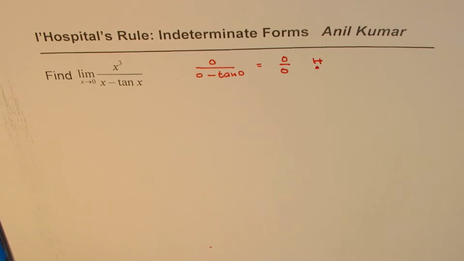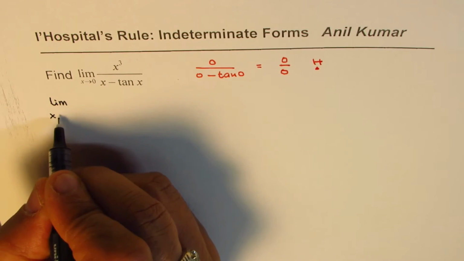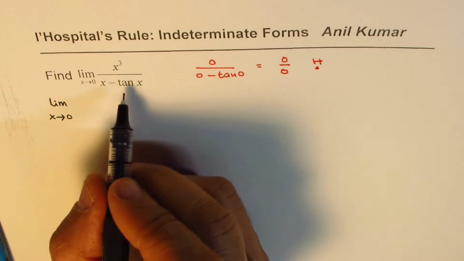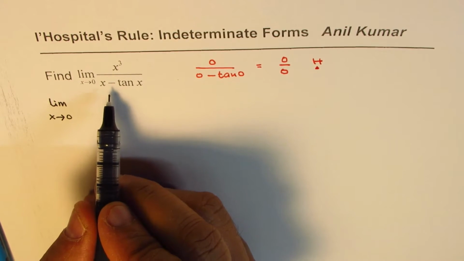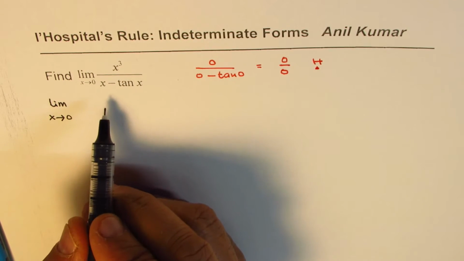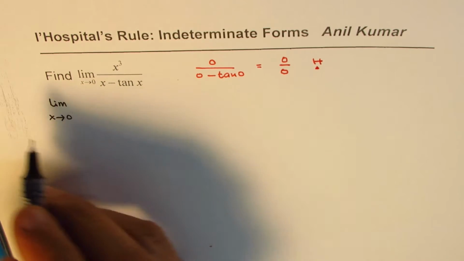The rule really is that the limit of a quotient of functions is actually the same as the limit of the quotient of their derivatives, right? So at this stage, we will find the derivative of the numerator and the derivative of the denominator.